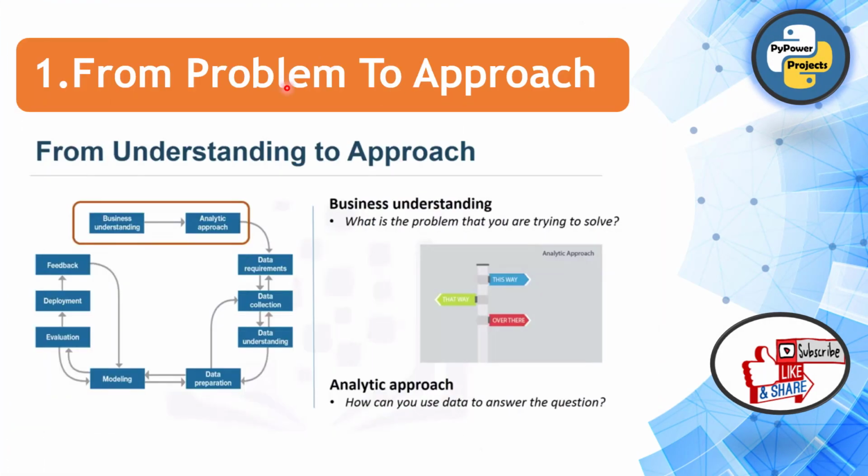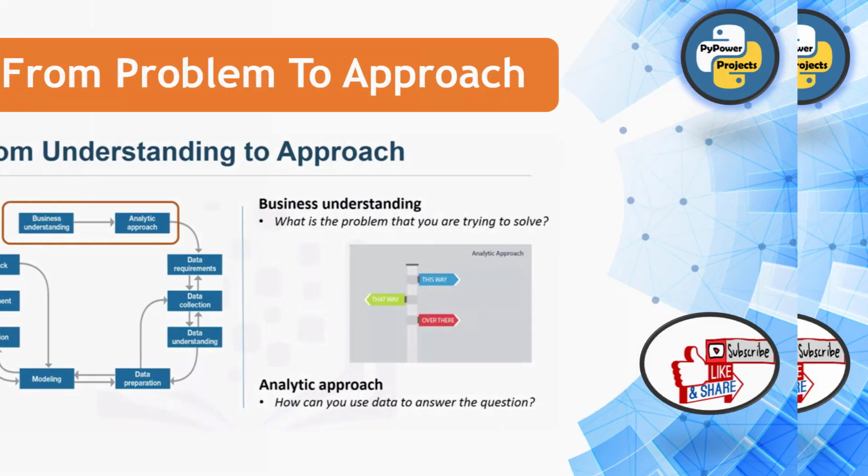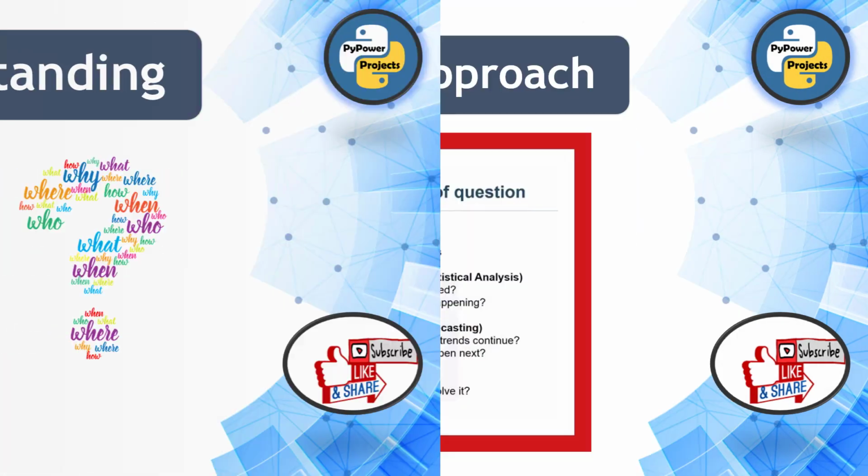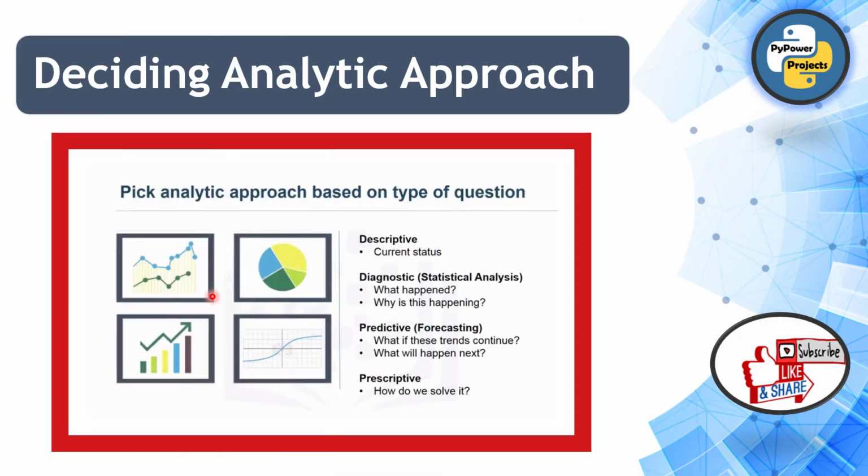So first is from problem to approach. Here we focus on business understanding and deciding the analytic approach for a particular problem. A data scientist needs to ask questions before collecting data because they need to understand the goals of the stakeholders and the supporting objectives behind that question. For example, my stakeholder is asking about predicting the trends after this COVID-19 situation.